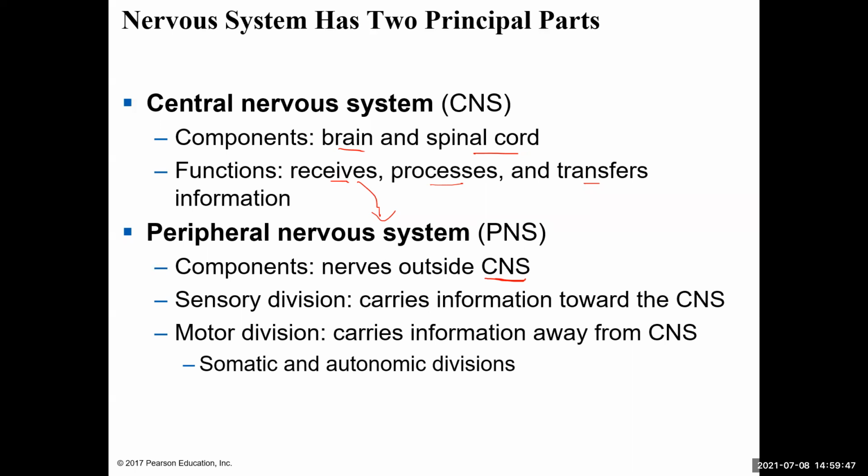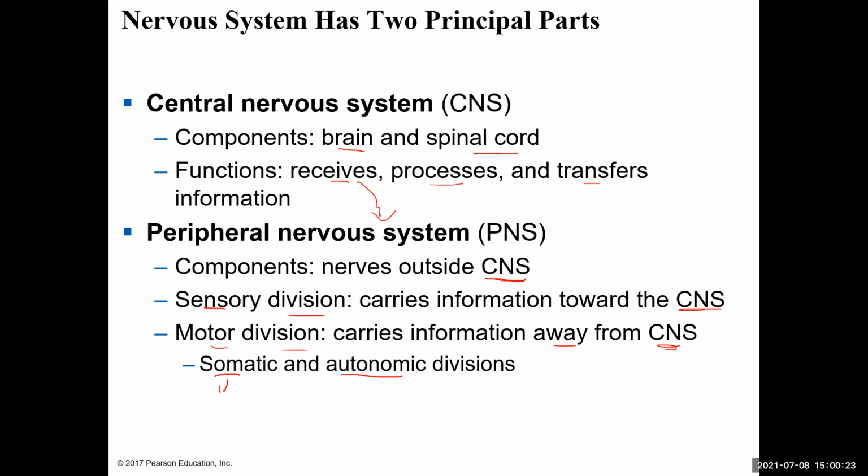The peripheral nervous system can be further subdivided into the sensory division and the motor division. The sensory division carries information to the central nervous system. The motor division carries information away from the central nervous system. And then the motor division can be divided even further into somatic and autonomic divisions.